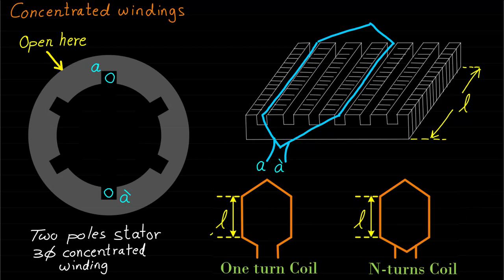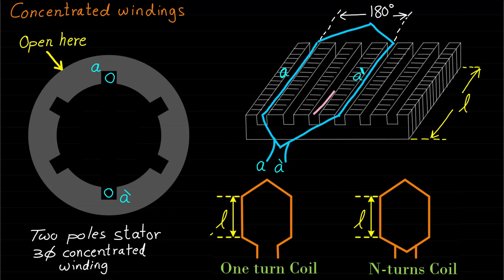The angle between the two sides of coil AA' is 180 degrees in electrical angle. The angle can also be less than 180 degrees electrical. The reason for shortening the angle will be mentioned in future lectures.